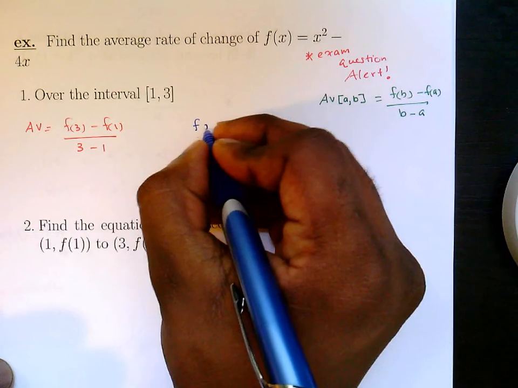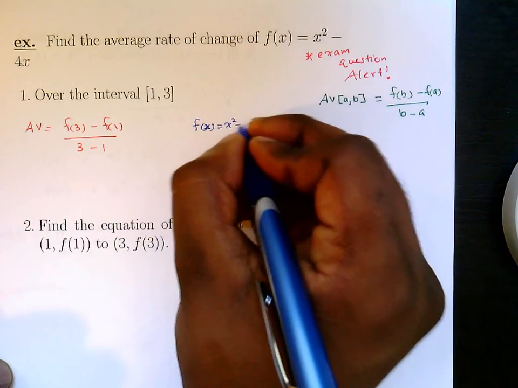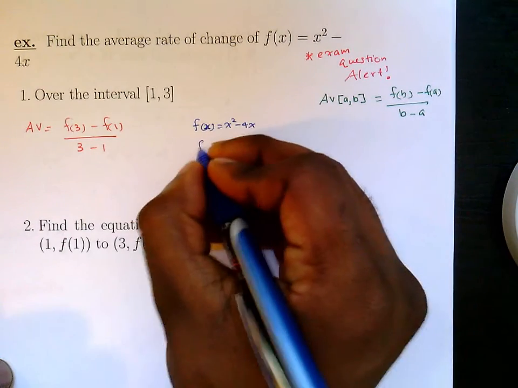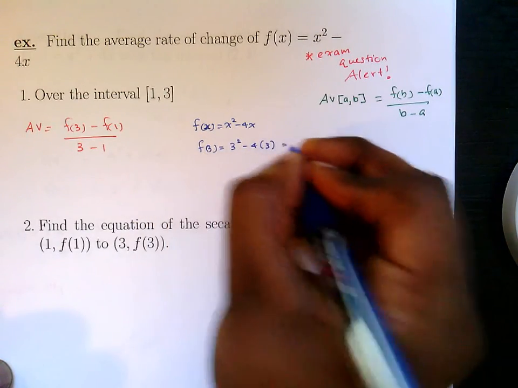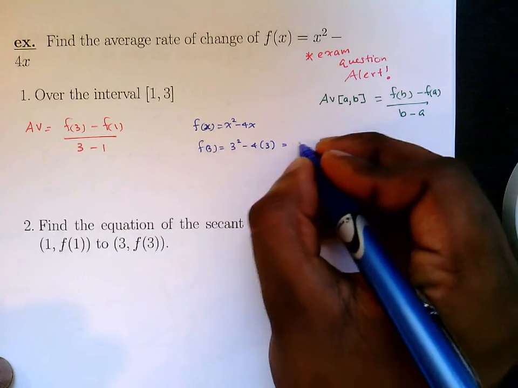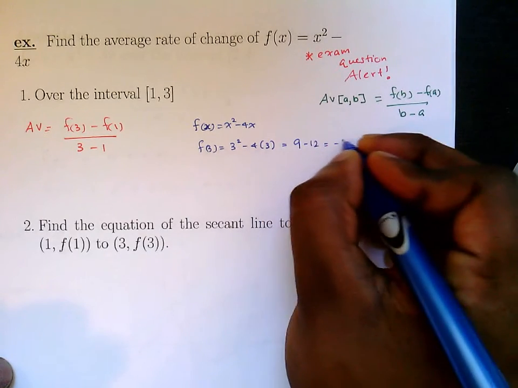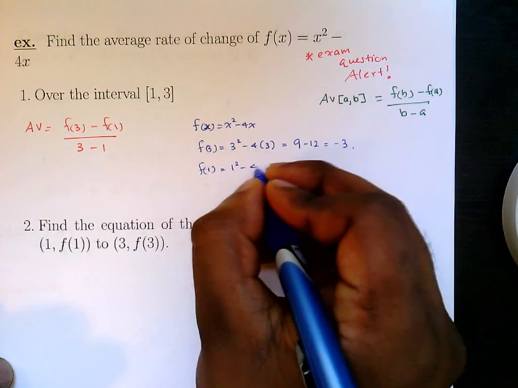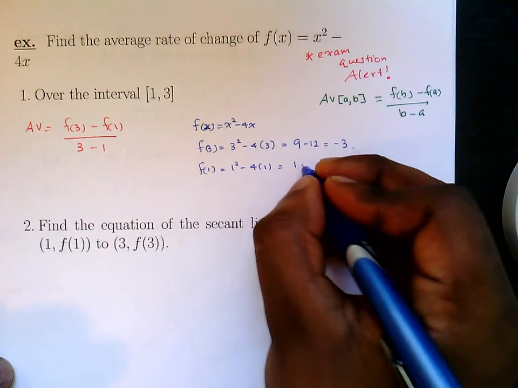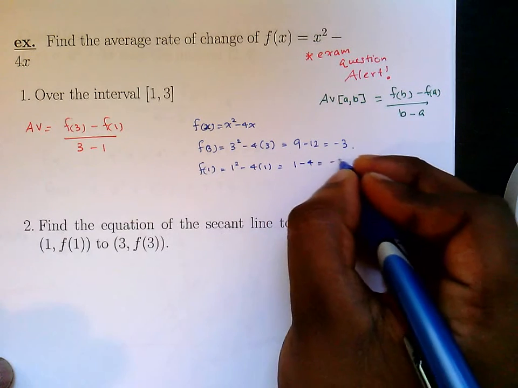So f of x is equal to x squared minus 4x. So f of 3 is equal to 3 squared minus 4 times 3, which is 9 minus 12, is negative 3. And f of 1 is equal to 1 squared minus 4 times 1, that is 1 minus 4, which is negative 3 again.